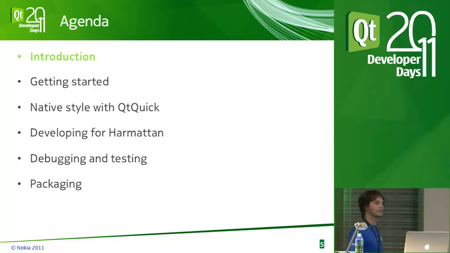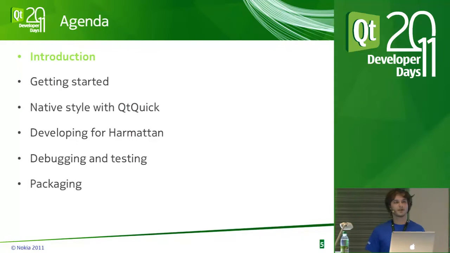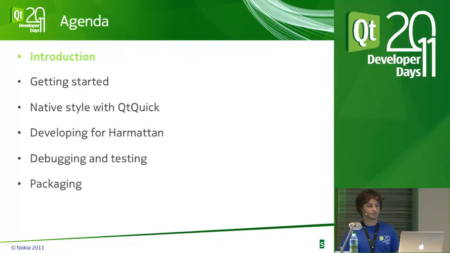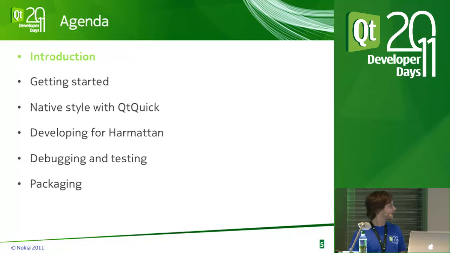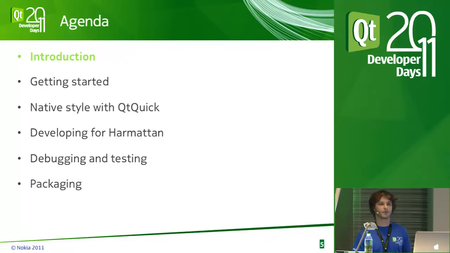Then we'll look at some of the APIs you have available, so Harmattan specific APIs. For the people who are not familiar with the term Harmattan, this is the code name for MeeGo on the N9. Then we'll look at how to debug and test your application on the phone, and finally how to package it to then make it available on the store.